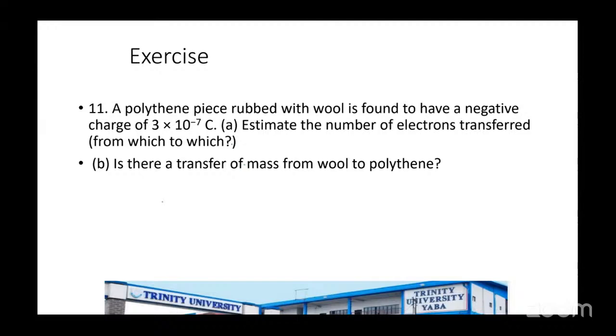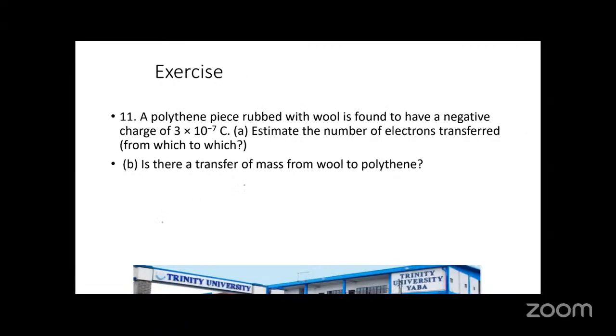I will just give you a clue. You remember that under quantization, there is a formula. So if you can't remember, go back to quantization and use that formula. That formula will guide you. So that is Q equals N E. This formula will guide you on how to solve it.